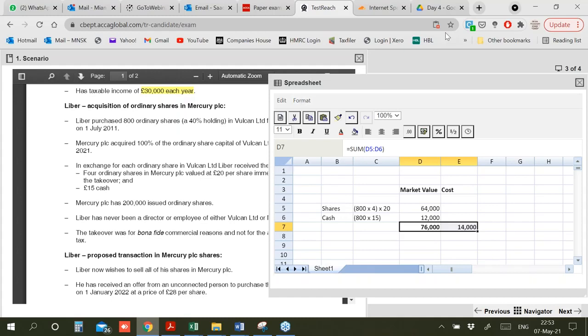Now I'll explain how you can split the cost between the watch and the smartphone. What you will do is calculate a percentage: out of the total market value, how much percent market value relates to the share and how much percent relates to the cash.